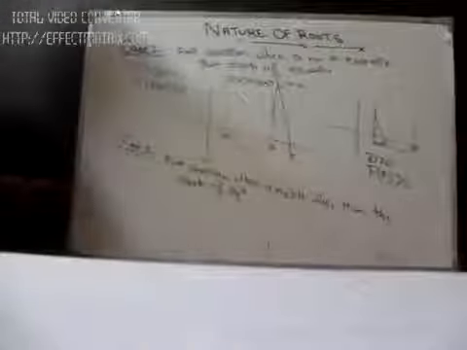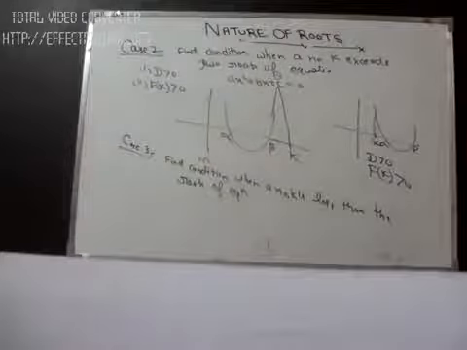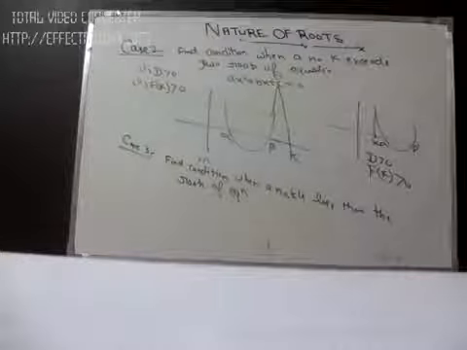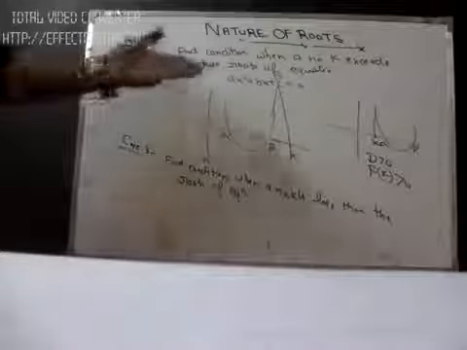So in case 2, k exceeds both roots, and in case third, k is less than both roots, D is greater than 0 and f of k is greater than 0.